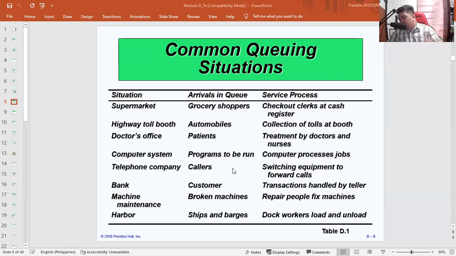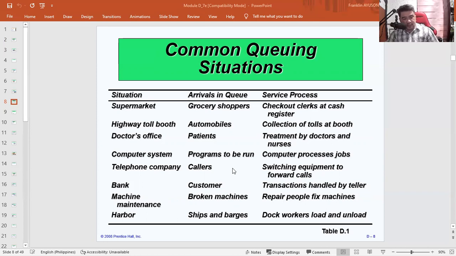Whenever we call, for example, a telecommunication number for a certain service, normally pinaghihintay tayo, meron tayong queuing. So tayo yung caller, tayo yung nag-arrive sa queue, and yung switching nung pagpo-forward ng call natin sa iba't ibang call center agent to answer our concern. For a bank, the queue arrival is in the form of customers, and these are transactions handled by the tellers.